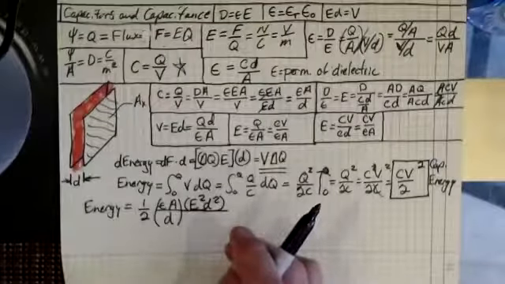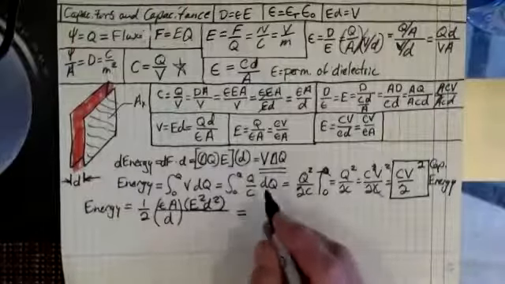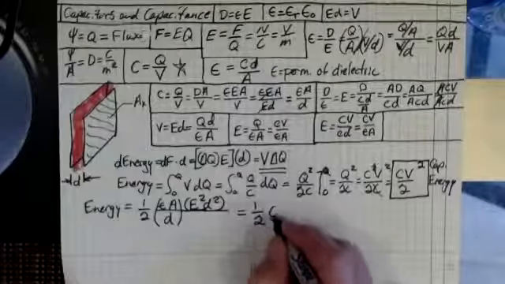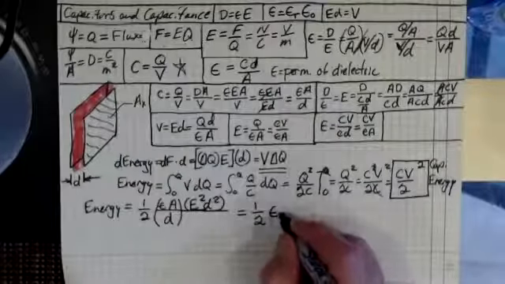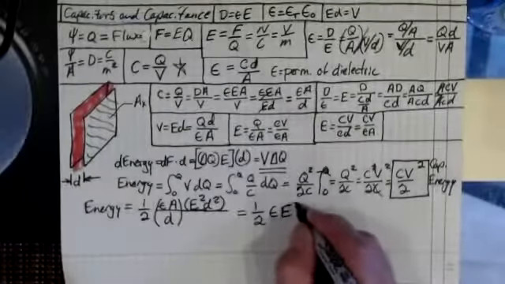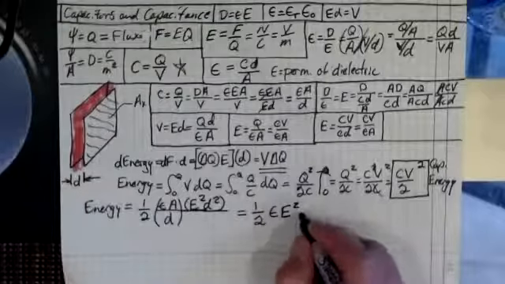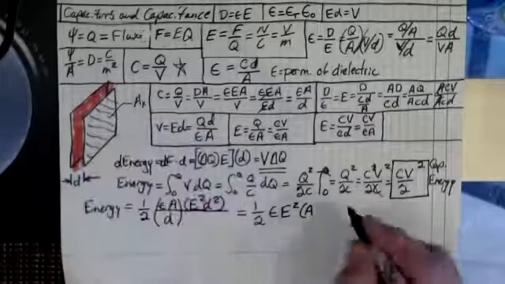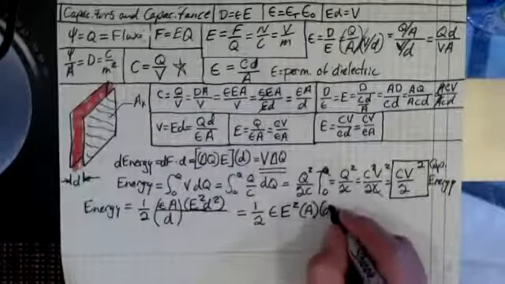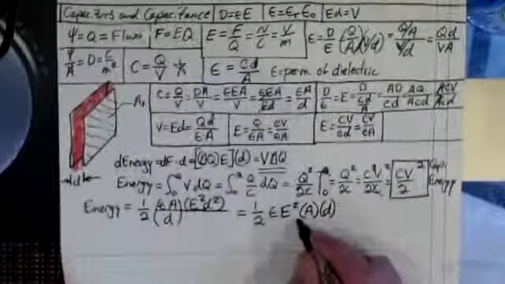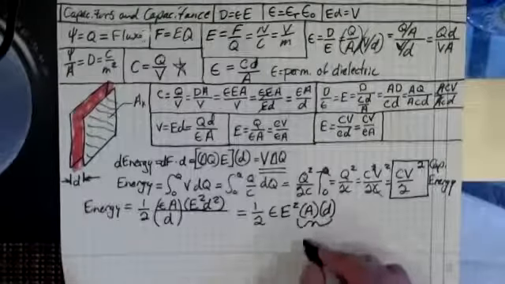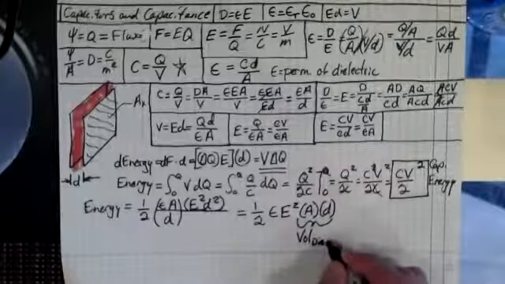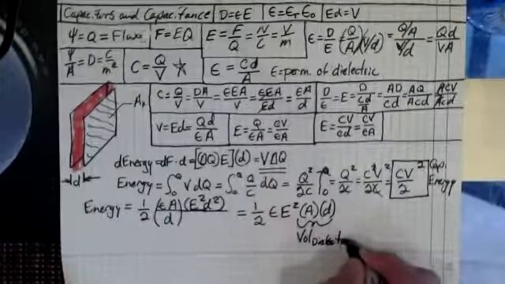Okay. So what that ends up giving us is 1/2 epsilon E, the electric field magnitude squared, times the cross-sectional area times the distance. And in fact, what is the cross-sectional area times the distance? Isn't that the volume of the dielectric? Right?